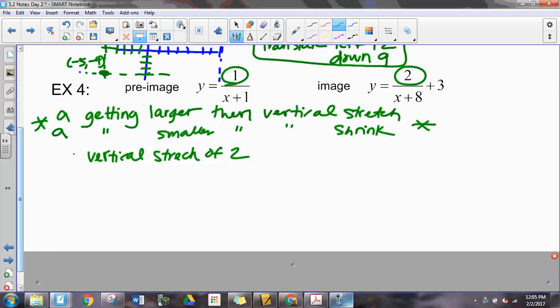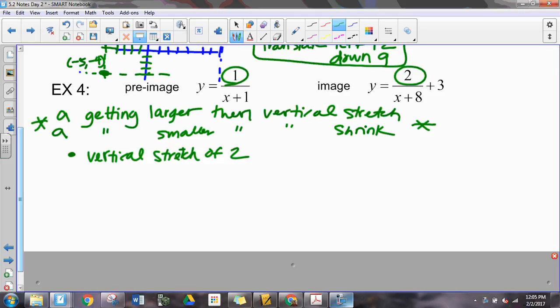So the number that you have to multiply by to get to the other one is what your vertical stretch is. If you're going from 2 to 1, then it's a vertical shrink of 1/2 because it's getting smaller. So vertical stretch of 2 is my factor that I had to multiply 1 by to get to 2.